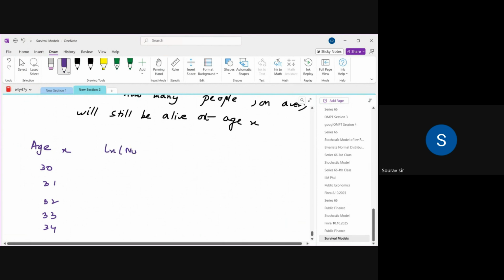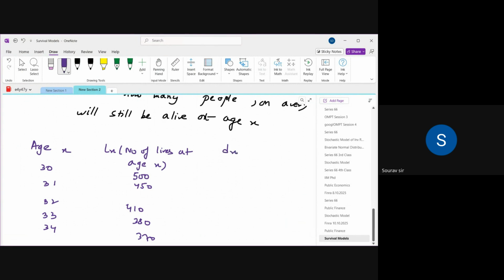L(x) means number of lives at age x, so that will be 500, 450, 410, 380, 370. Next, d(x), the number of deaths between x and x plus 1: 50, 40, 30, 10, 10.